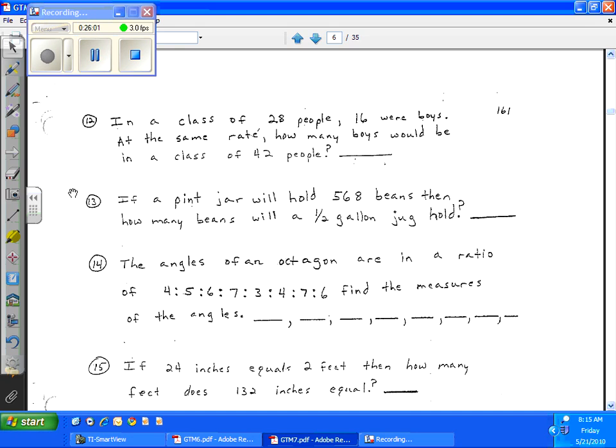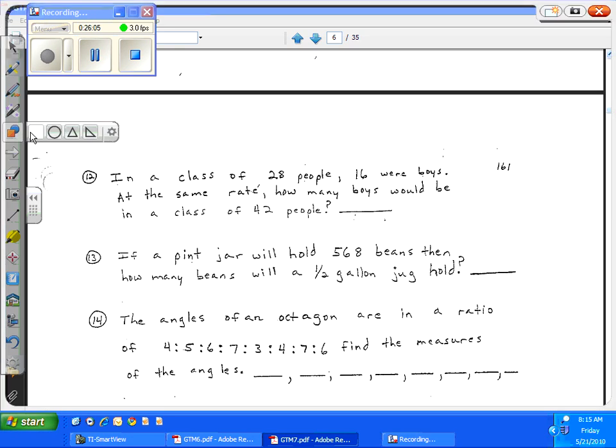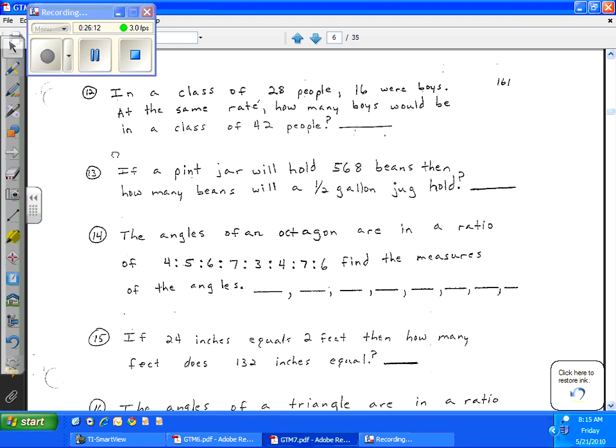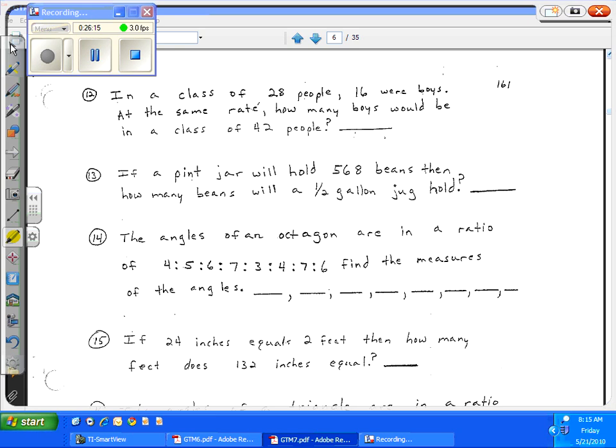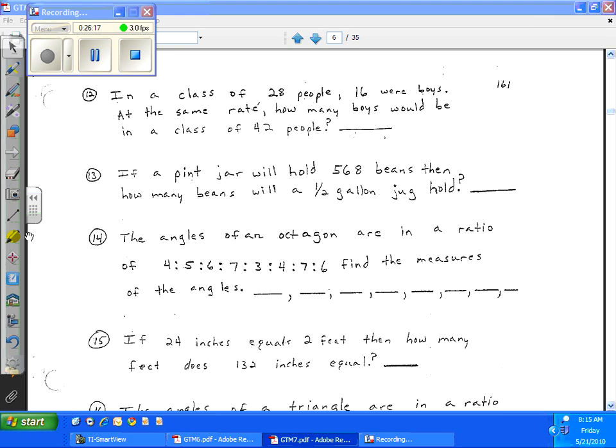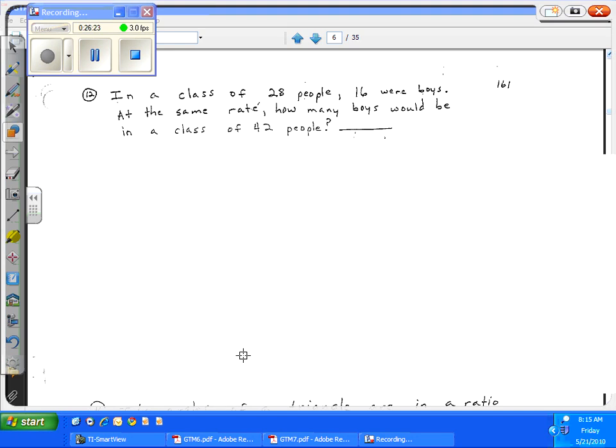All right, let's look at number 12. It says in a class of 28 people, 16 were boys.